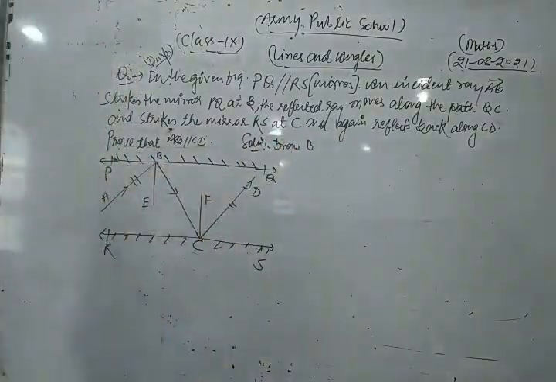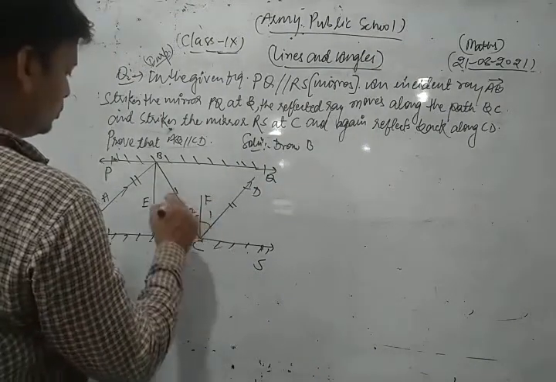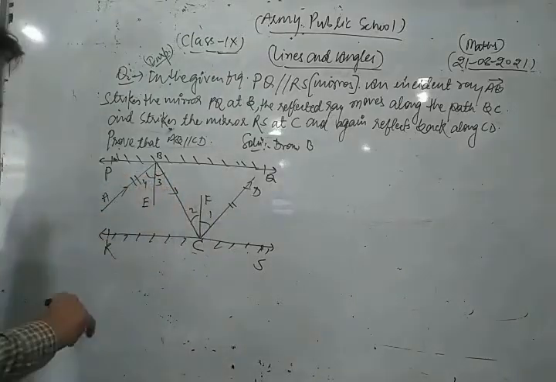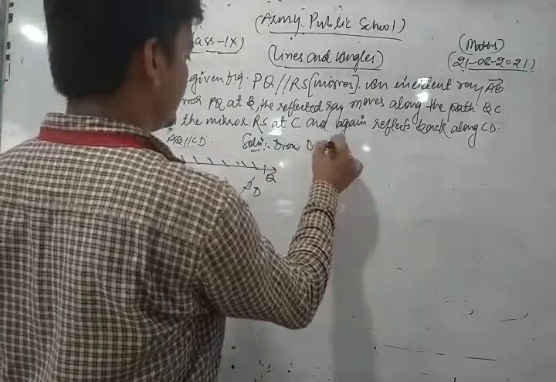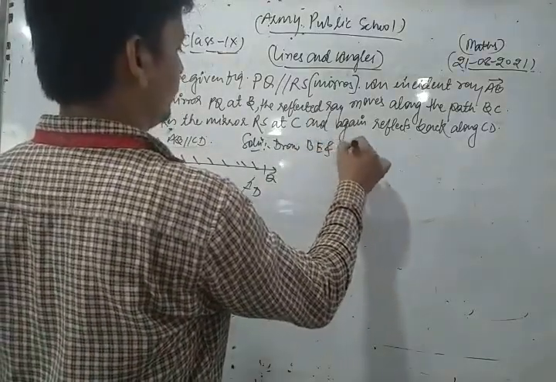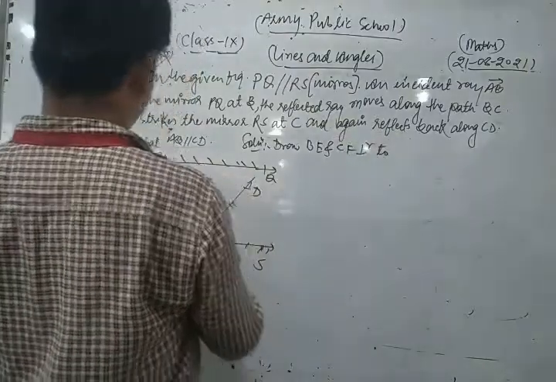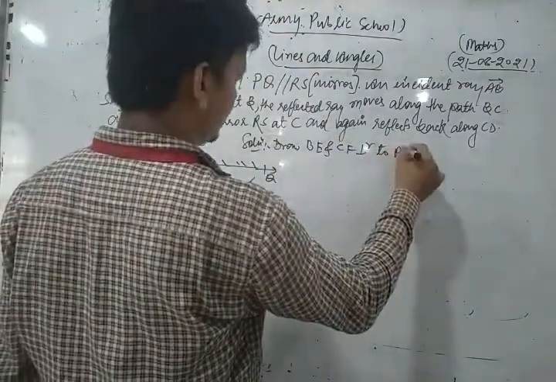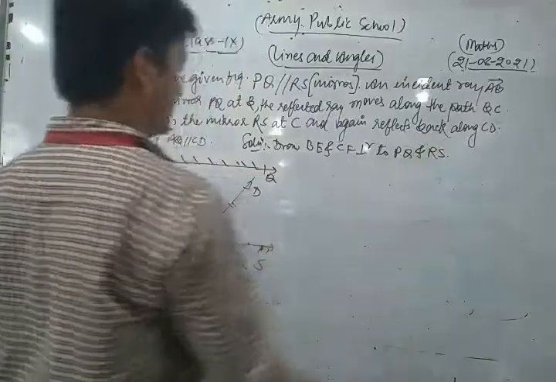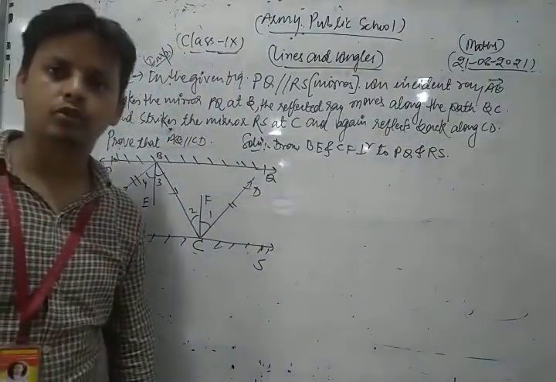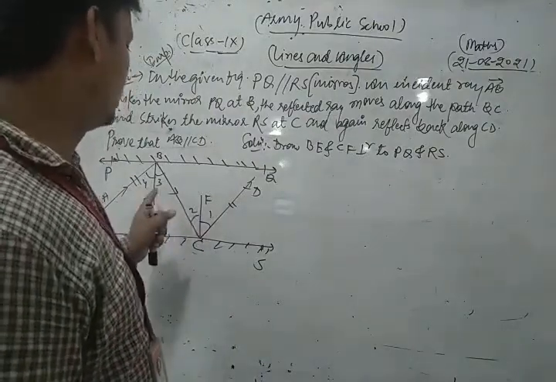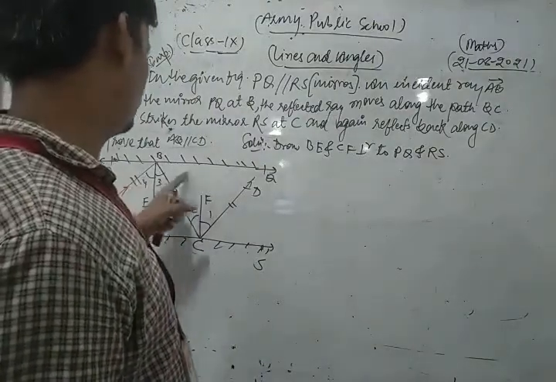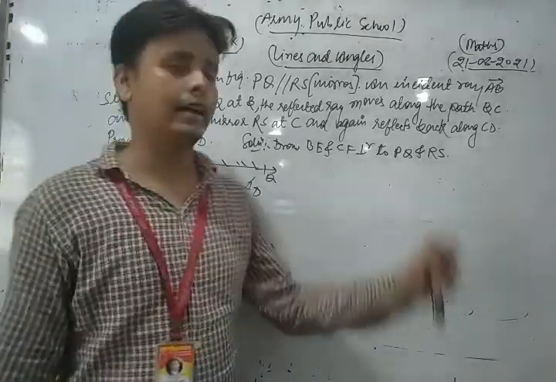First of all, this is angle 1, this is angle 2, this is angle 3, and this is angle 4. Draw BE and CF perpendicular to PQ and RS respectively.